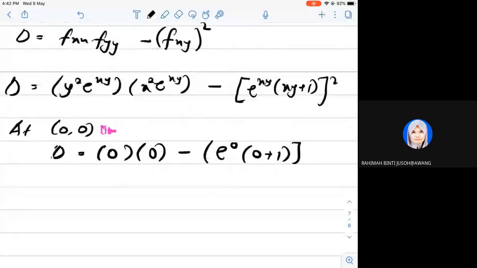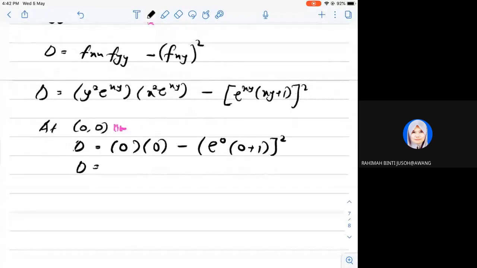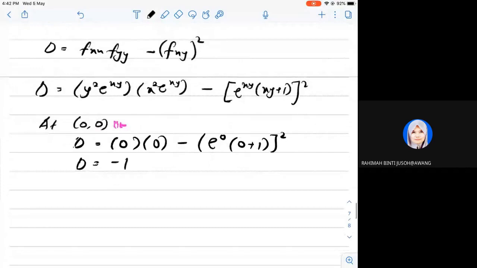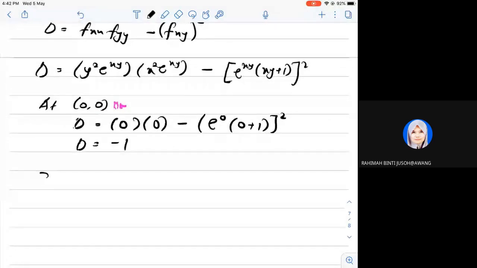So, we will have D equals to 0 minus 1. So, negative 1 lah. Okay, now since D less than 0, thus it is a saddle point. Okay, so tak perlu refer pada fxx lah sebab dia less than 0.